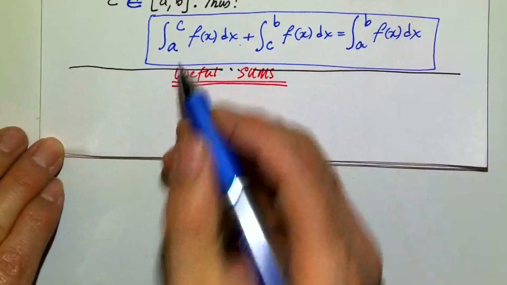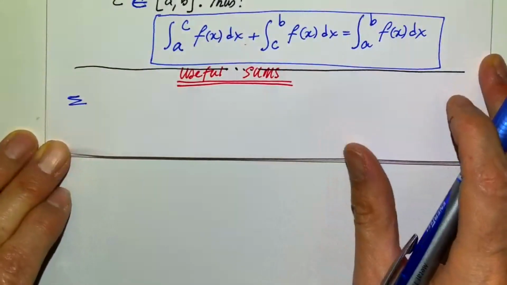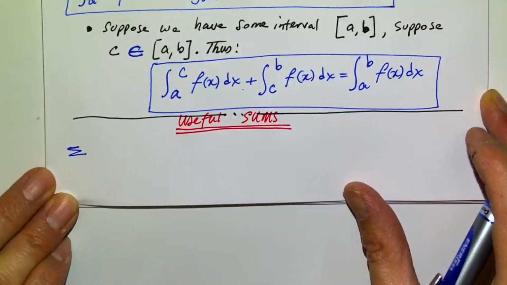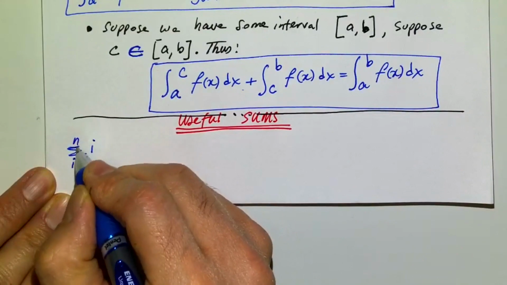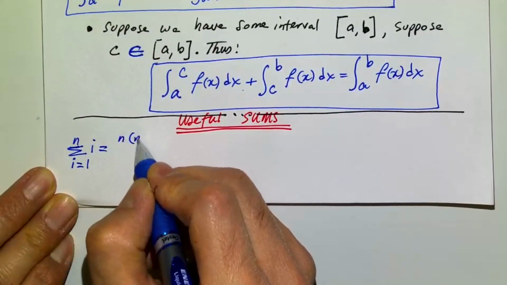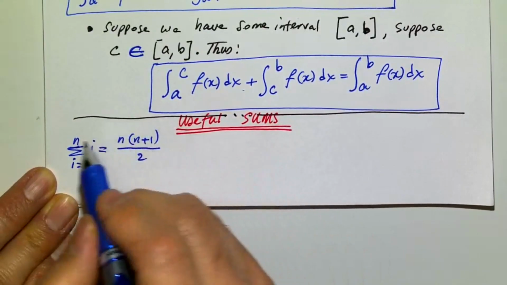So we have, if you take the sum of i as i goes from 1 to n, that is equal to n times n plus 1 over 2.